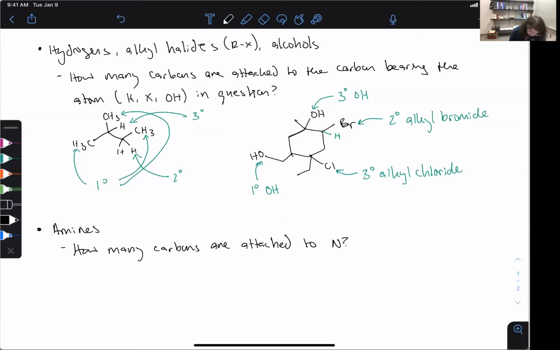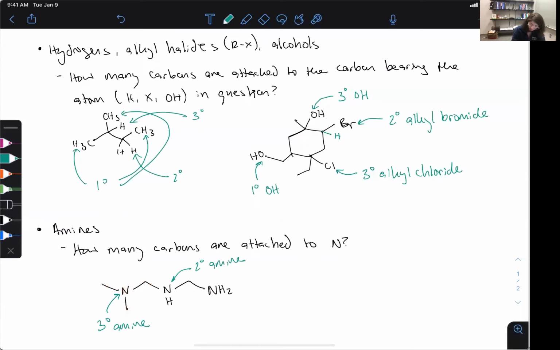Okay, so if I have something that looks like this, this nitrogen is attached to 1, 2, 3 carbons. That is a tertiary amine. Okay, this nitrogen is attached to 2 carbons. Secondary amine. This nitrogen attached to 1 carbon. Primary amine.